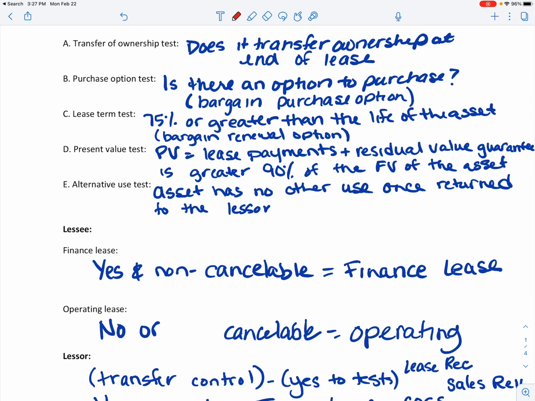Now let's go into a little bit more detail about the different types of leases. So your finance lease, we're recognizing interest expense over the life of the lease, using that effective interest method, and we're going to record amortization expense on the income statement. So from a lessee standpoint, again, we have interest expense on the lease liability.